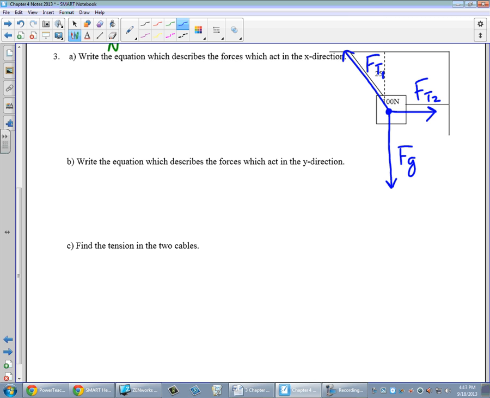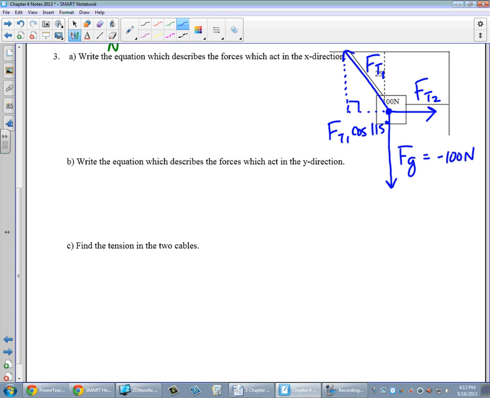I know that Fg is negative 100 newtons. And what I'm going to end up doing in this problem is resolving Ft1 into components. The horizontal component will be Ft1 times the cosine of my angle. Now I'm in the second quadrant, so my angle is not 25 degrees, but it's 25 plus 90, or 115 degrees.